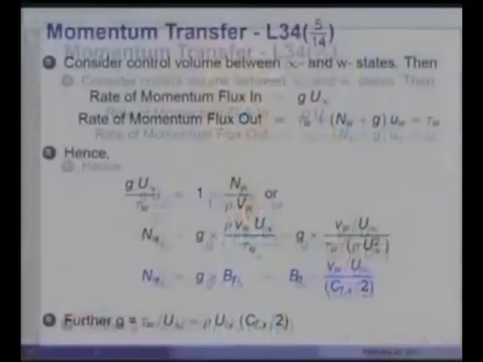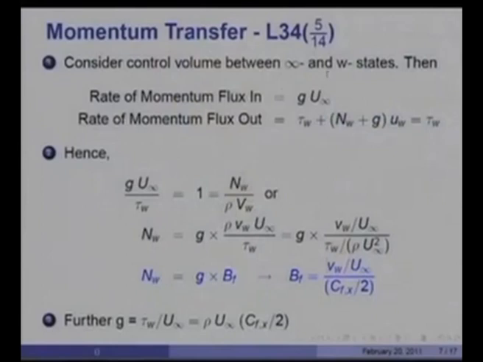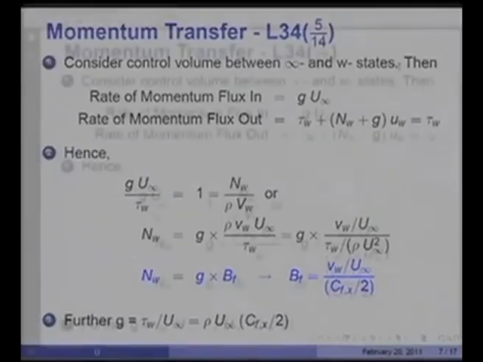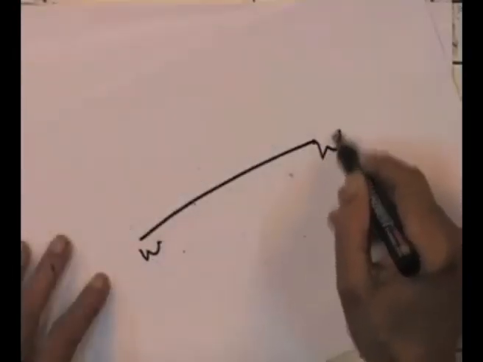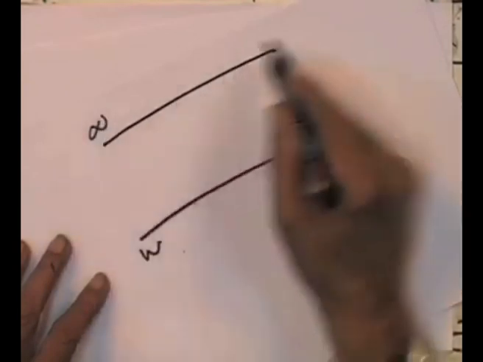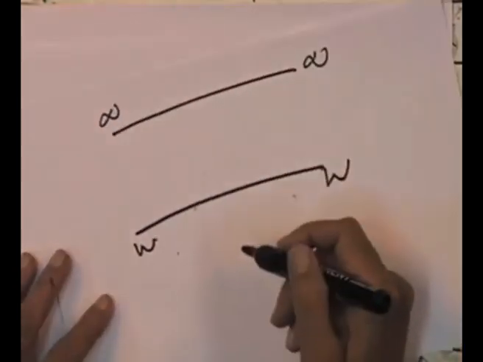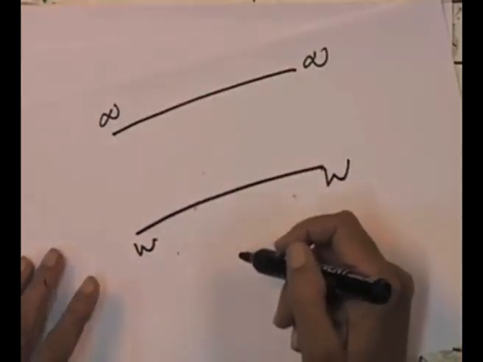Because it can handle both momentum and heat transfer, we are going to consider the control volume between infinity and W states. So, basically what I am going to do now is to consider the W state and infinity state, and I am going to consider momentum transfer.